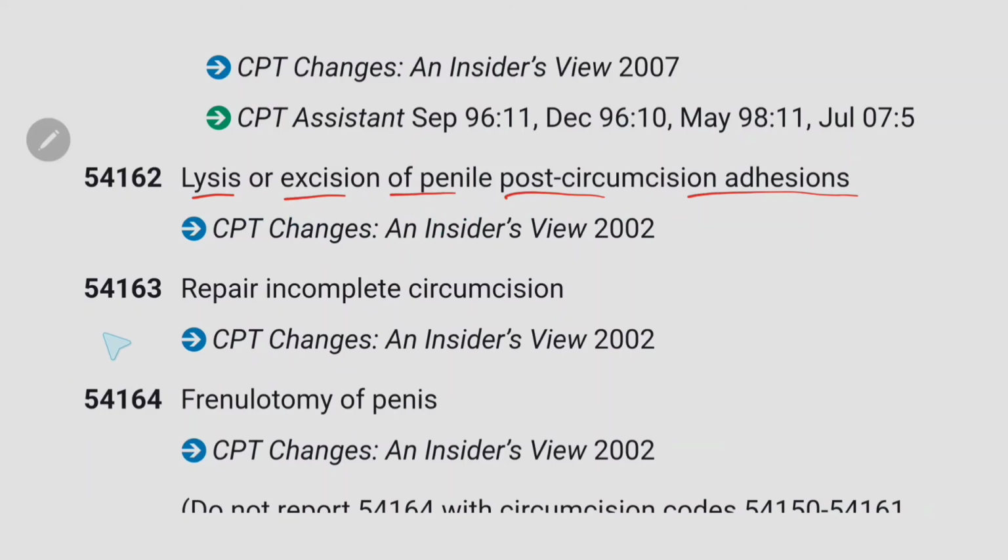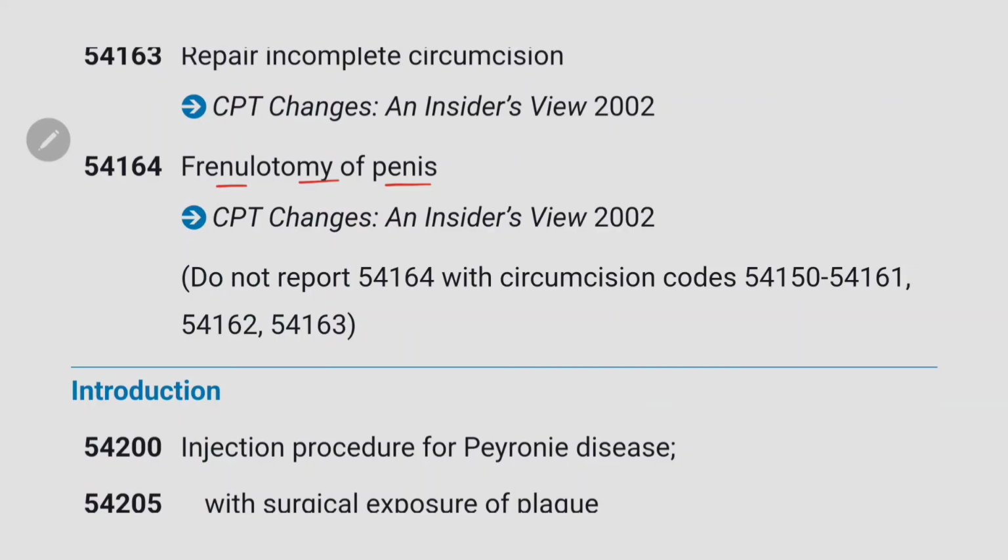Then 54163 for repair incomplete circumcision. This is for repairing a circumcision which has been incomplete. Okay. Next is 54164, that is for frenulotomy of penis. Always pay attention to the parenthetical note. Do not report 54164 with circumcision codes 54150 to 54161, 54162 and 54163.